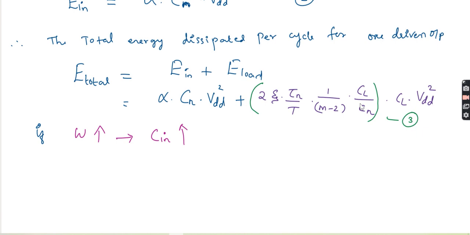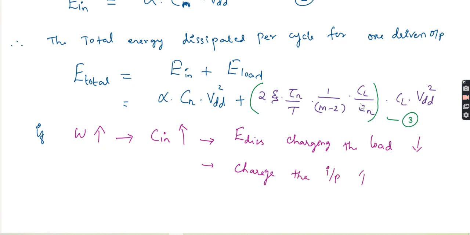If the width of the transistors increases, then the input capacitance also will increase. If the input capacitance increases, then the energy dissipation in charging the load will decrease, and the energy in charging the input will increase.